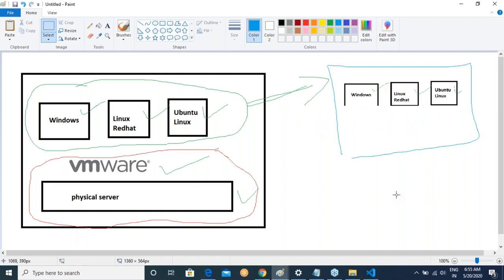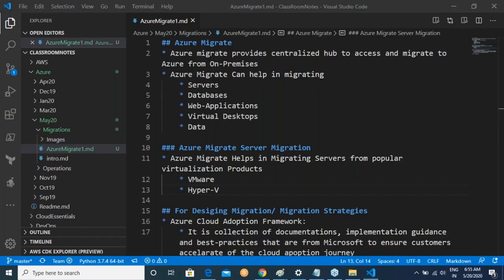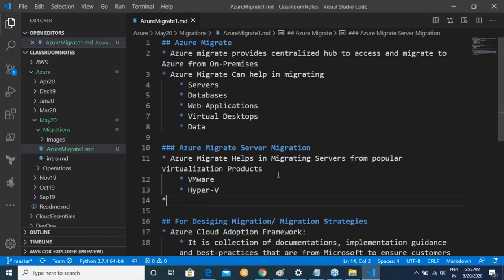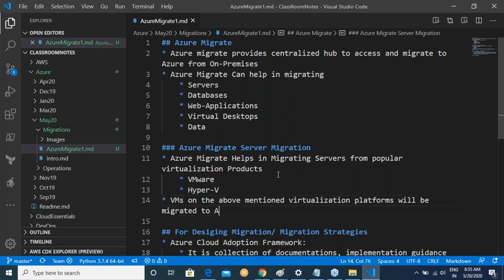That is exactly what I am trying to write now. VMs on the above mentioned virtualization platforms will be migrated to Azure.